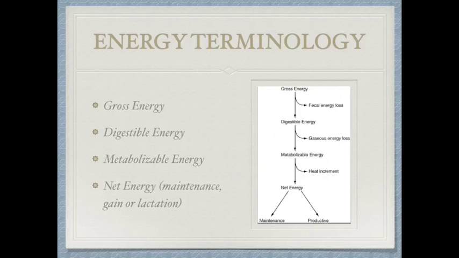Finally, we have the last energy loss accounted for, the heat increment. And that leaves us with what we call net energy. All losses have been accounted for through feces, gas, urine, and heat. We're left with the energy that's really getting to the tissue. When we're talking about net energy and getting to that tissue level, it can be used for 3 different things: maintenance, gain, or, in the dairy cow, lactation.